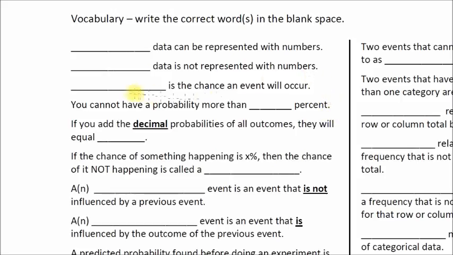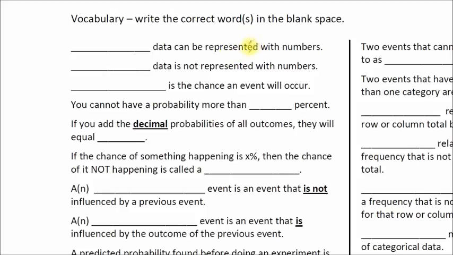Okay, question number 1. Blank data can be represented with numbers. And you can see the second question, blank data is not represented with numbers. So there are two types of data we talked about in the beginning of this unit. There is categorical and quantitative. The way you're going to remember this is quantity means a number or a count.